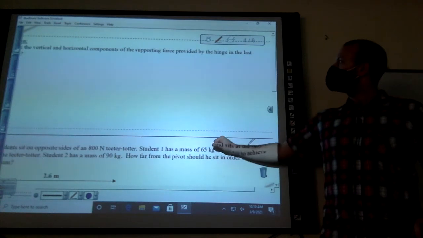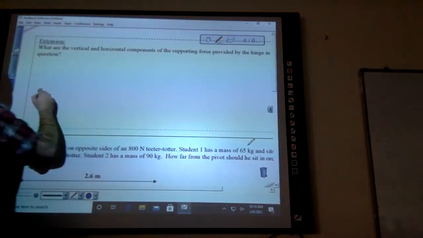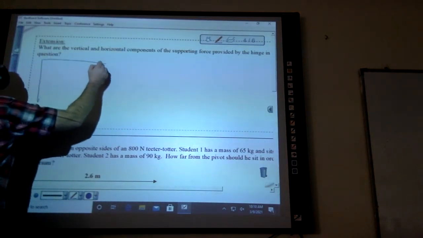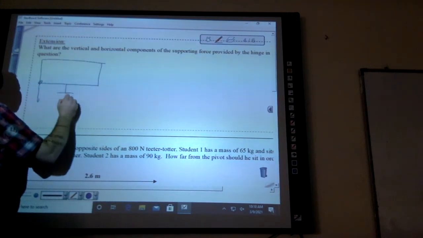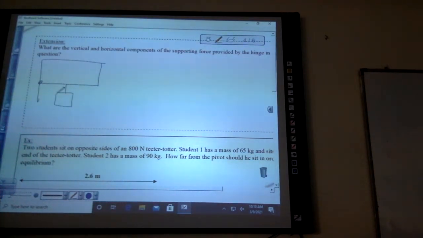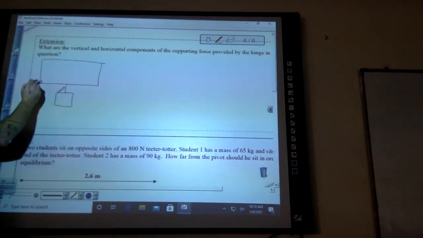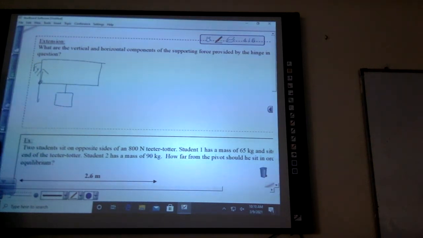So extending this question, if I just quickly redraw this. Here's my system. We want to know the horizontal and vertical components of the forces here. We already established there must be some force in the y direction.